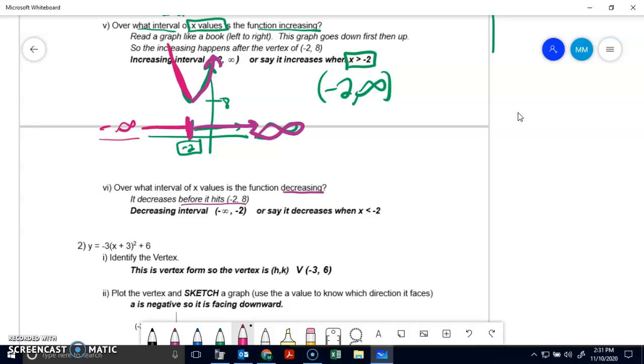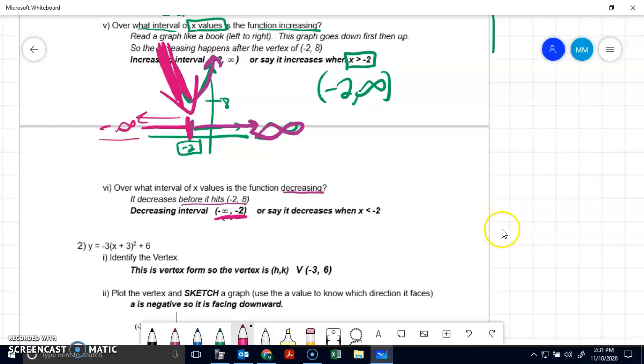So from an x value of negative infinity to negative 2, it will be going down or decreasing. Another way to state that, if you don't want to use set notation, you can use an inequality and say that when x is less than negative 2, anywhere to the left of negative 2, that's where the graph is decreasing. It's going down.